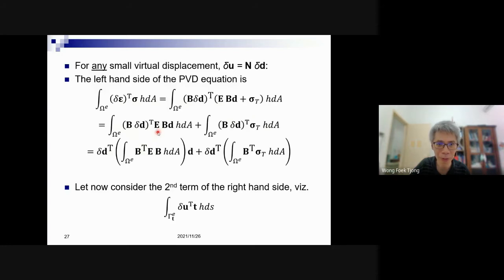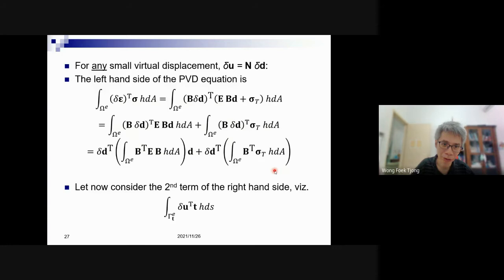Also E, in this problem, is constant, but in general may not be constant if the material is not homogeneous, for example, if the material is made from functionally graded materials. So let it be inside the integral. Also the thickness is constant in this problem, but we may also consider an element a little bit tapered. So let's put it inside. So this is the integral for the element. Delta D for sure can be put outside. This is also delta D, B sigma T. Done for the left-hand side.